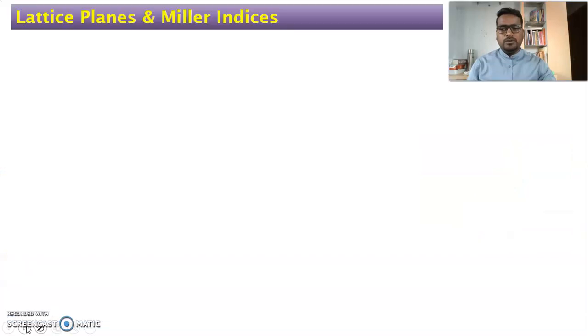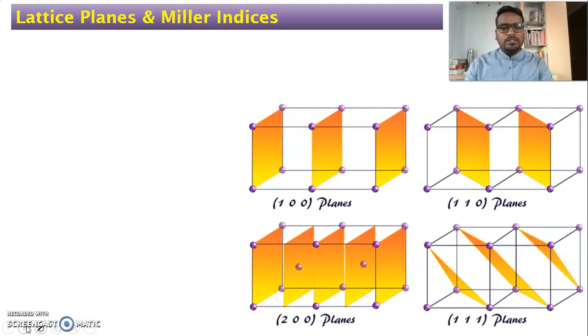Dear students, a crystal involves a systematic arrangement of constituent atoms in a three-dimensional manner so as to form a regular geometry. So this is called a crystal. When we come to a crystal, we observe all these unit cells.